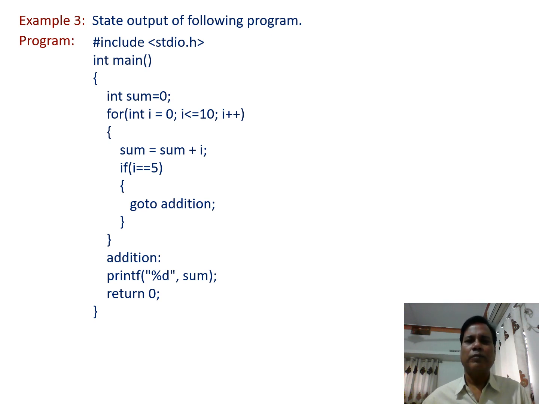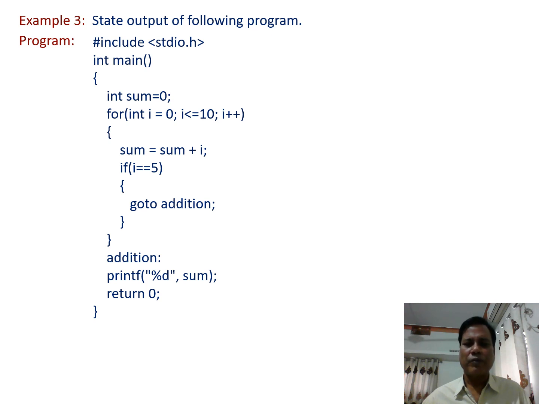So 1 plus 2 plus 3 plus 4. This sum is stored in the variable sum. And when the value 5 is also added and then the condition is checked, when the condition becomes true, then the body of the if block is executed and control goes to the addition label.